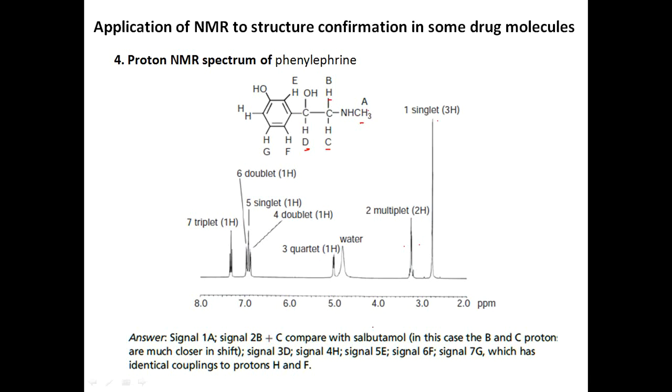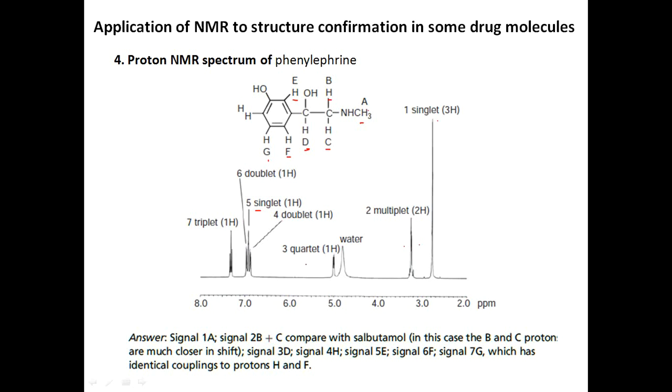That is D. Then we have the aromatic protons that are seen in the region between 6.8 to 7, so that shows different signals here. You can see E is the 5 signal, which is a singlet because there are no interactions here. Then you have 6, which is F, which should be a doublet.